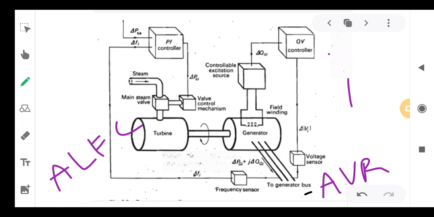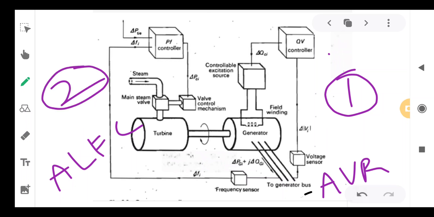So, this is one what we have considered. This is 2. Okay, these are the basic control loops. This is the first loop of ALFC.